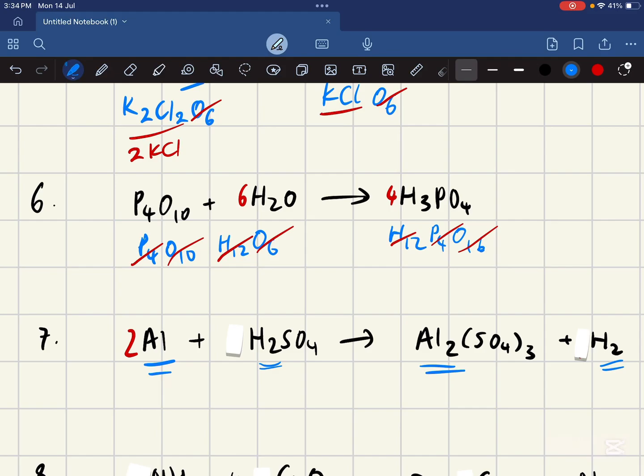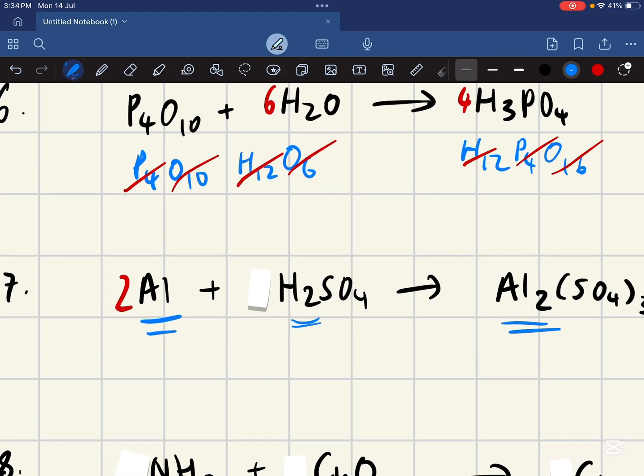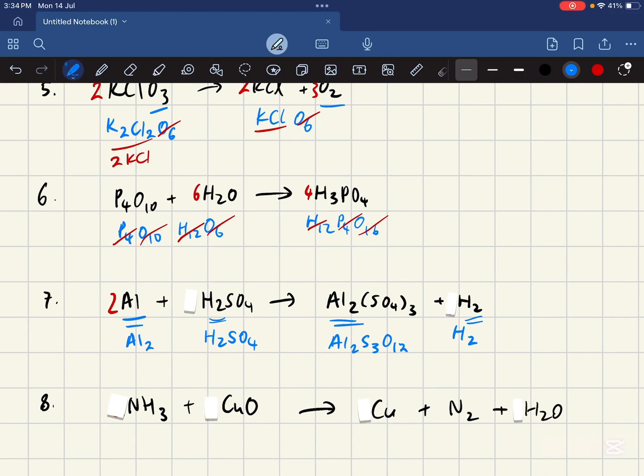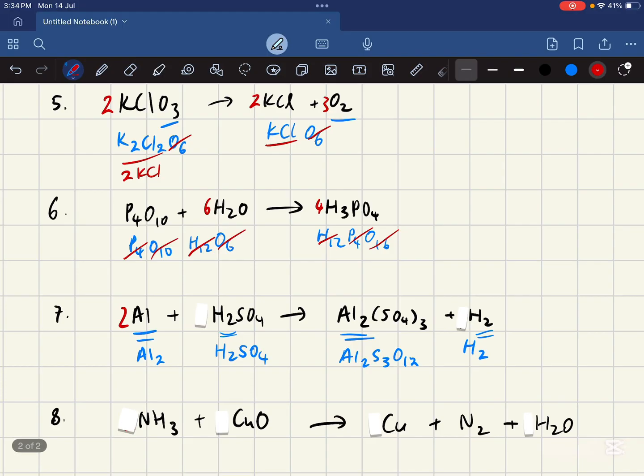But we will double the same value so far. So we'll just check our values first. Al2, H2SO4, Al2, S3O12, H2.